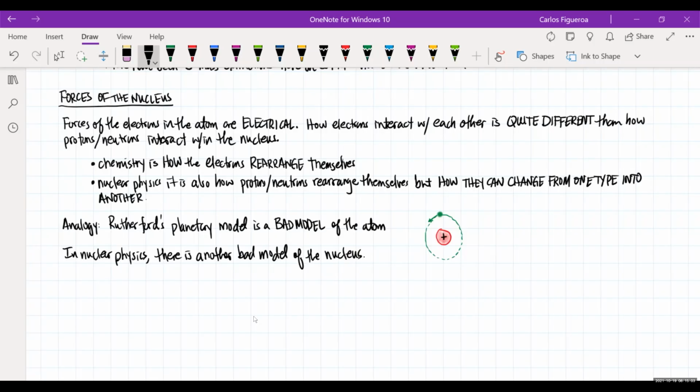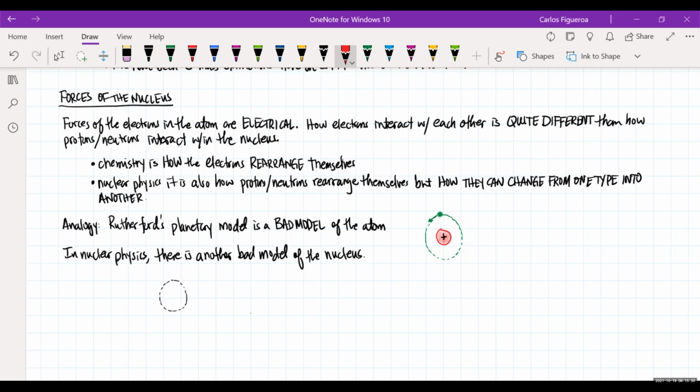Okay, and what I mean by that is that the depiction we have of the nucleus, and by the way, I perpetuated it, and I'm not even sure if I'm even going to address this issue here in this course, because why? It gets complicated very, very quickly.